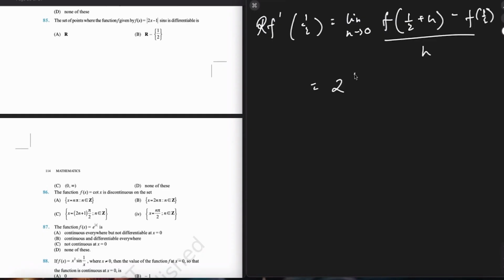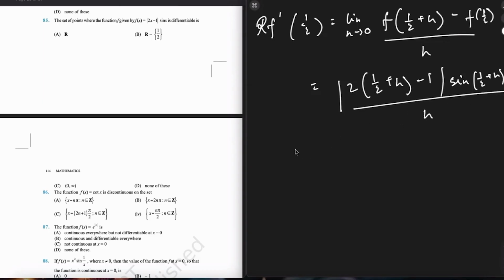That is mod of (2(half plus h) minus 1) times sin(half plus h) minus 0, divided by h.